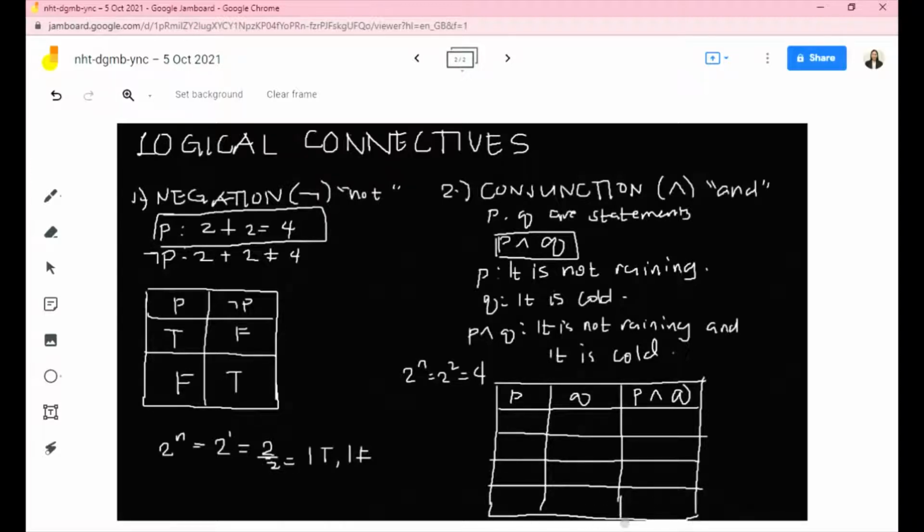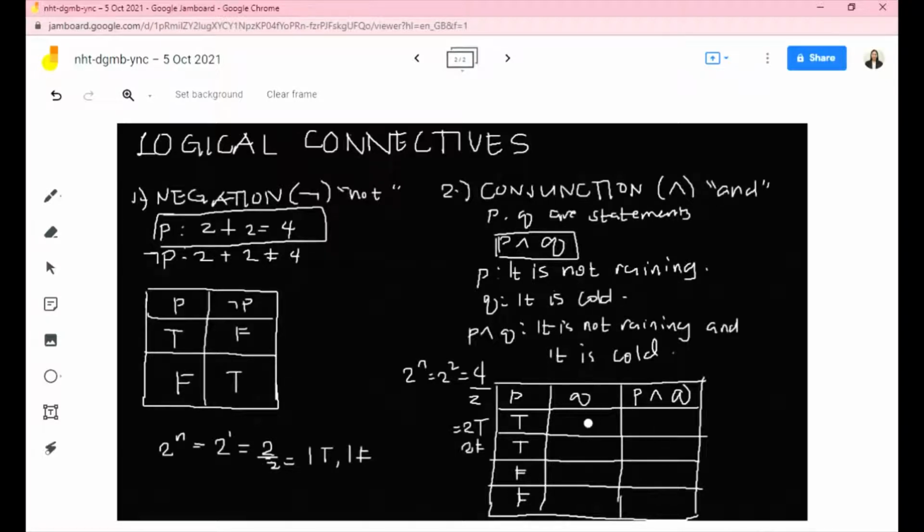Now this 4, we will divide into 2 and we'll have 2. So the pattern will be 2 true, 2 false. That is for the first column, 2 true and 2 false.